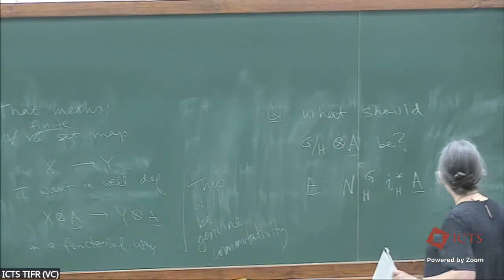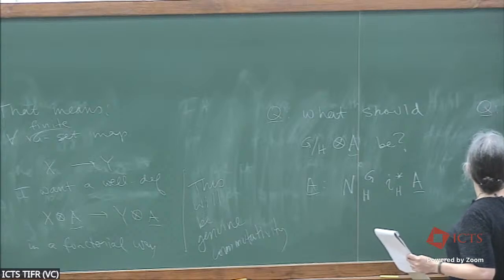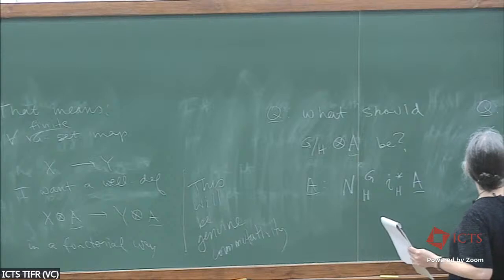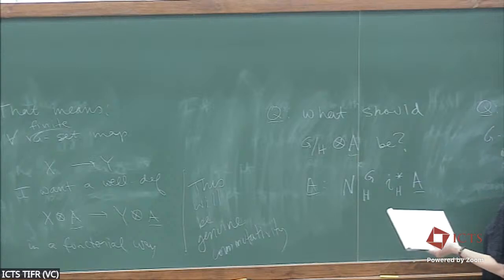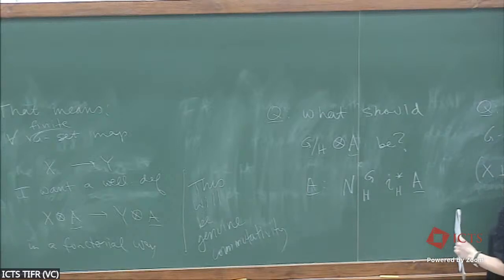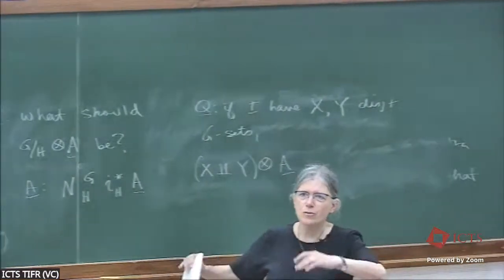Okay, and then question, if I have X, Y disjoint G sets, it seems like if I look at X disjoint union Y tensor A, because when I did the non-equivariant case, I just smashed over all the points.